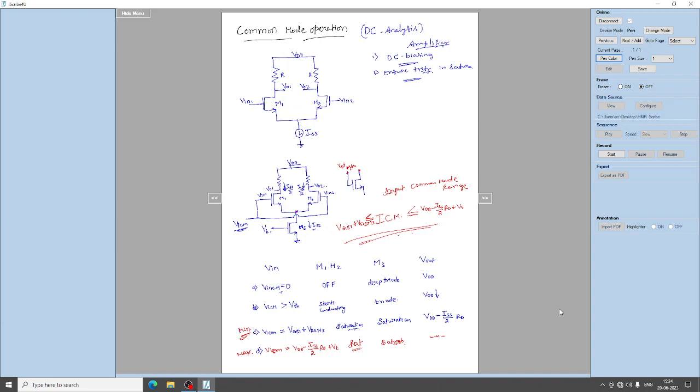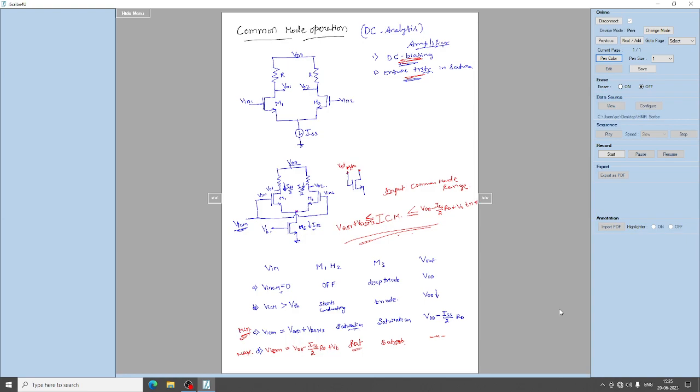So this is the important point to know about the DC analysis. The DC input, that means the DC biasing we are giving to ensure the transistors are in saturation, has a minimum value of VGS1 plus VDS of M3 and a maximum value of VDD minus ISS by 2 into RD plus the threshold voltage of M1, right.